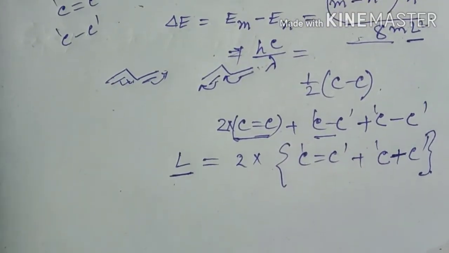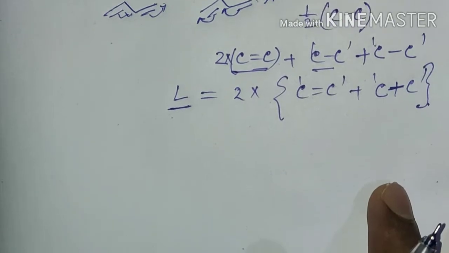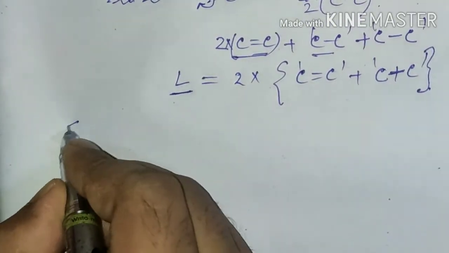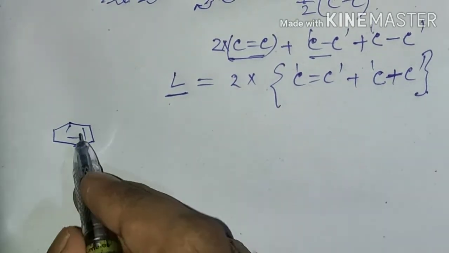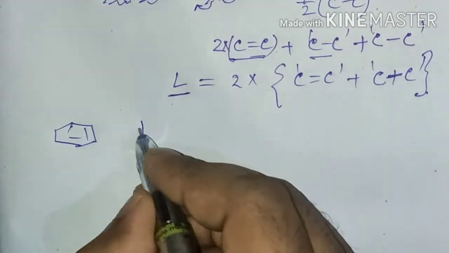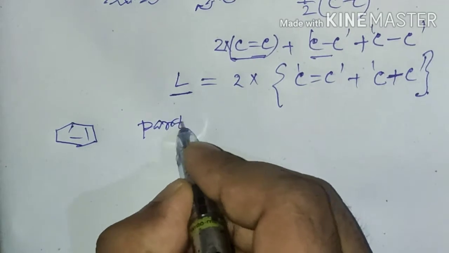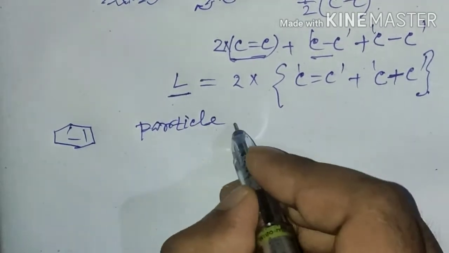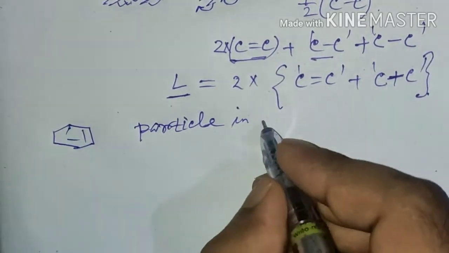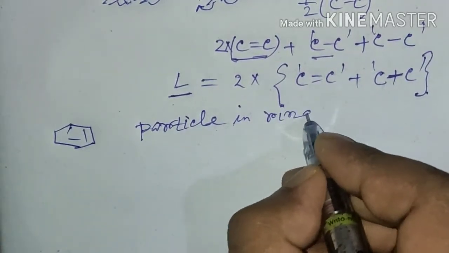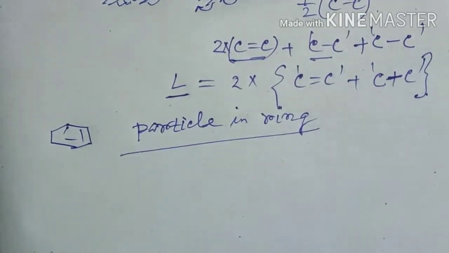Now, if you are given a conjugated cyclic system, like just suppose benzene, in this case the electrons behave as a particle in a ring. Since the electrons are conjugated within a cyclic system, that is within a ring, the pi electrons behave as a particle in a ring.